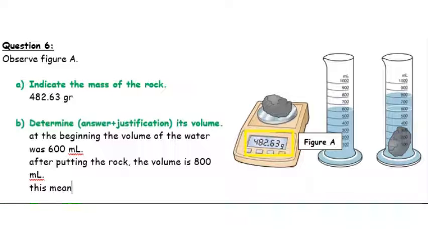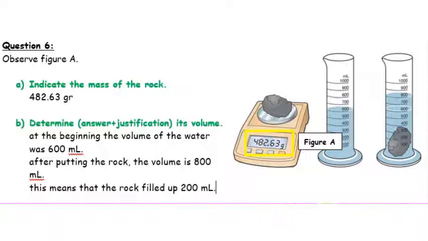This means that the rock filled up 200 milliliters. What did I do? 800 minus 600 gives us 200 milliliters. So the volume of the rock is 200 milliliters.